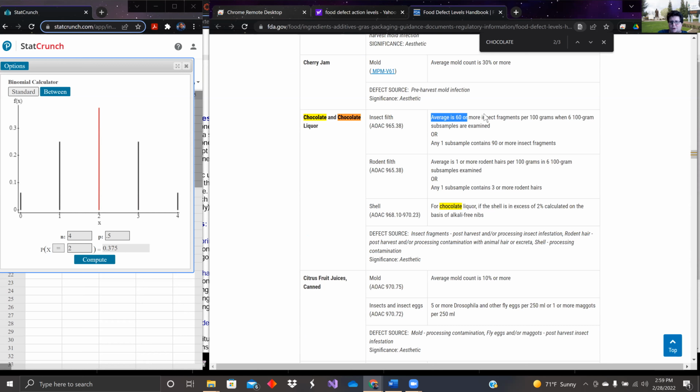Average is 60 or more insect fragments per 100 grams. That's their average when they sample 600 gram samples or more. Like if you were going through a Hershey's factory and doing it. So what does that mean for us when we are eating chocolate?